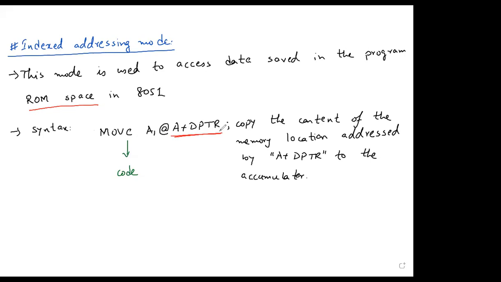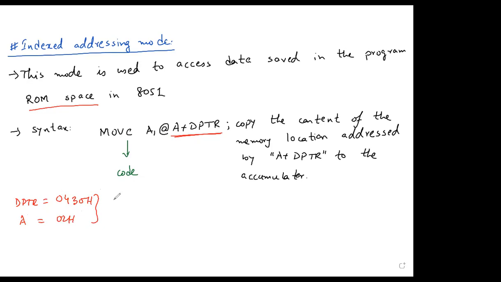Say for example, your DPTR contains the value 0430H, and say your accumulator contains 28H. If this is the case, what will be the combined address?